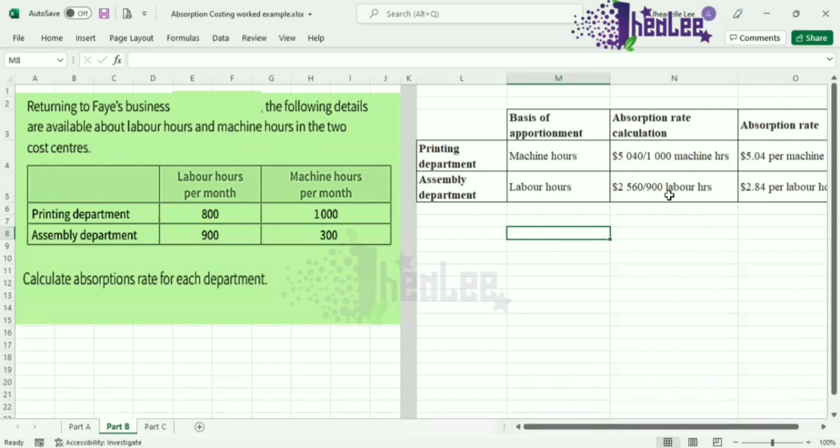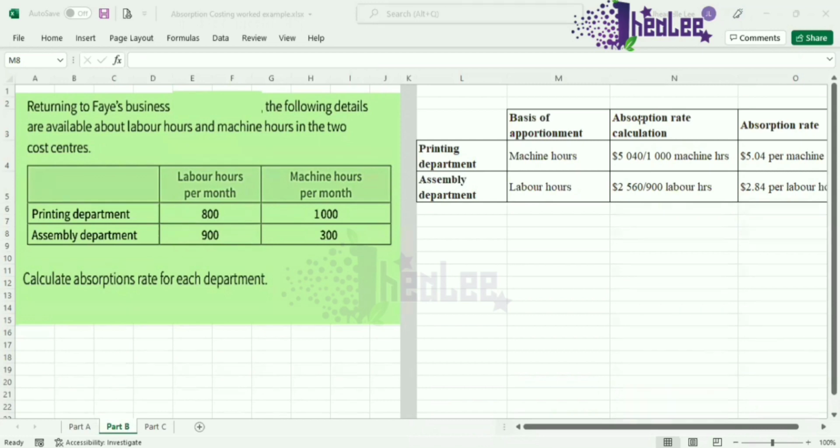We are dividing this by the labor hours relating to the assembly department, which is 900. Having done the calculation, the absorption rate for the assembly department is $2.84 per labor hour. So that is the response to part B of the question.